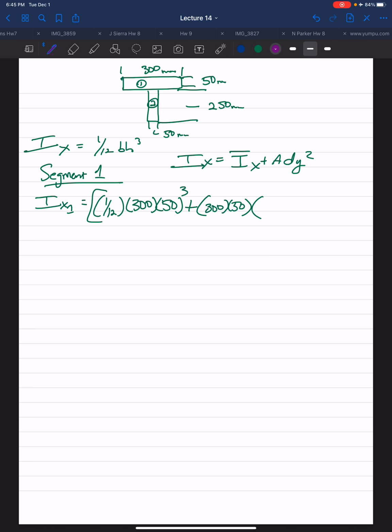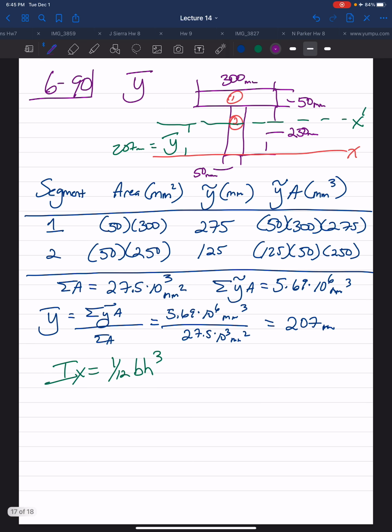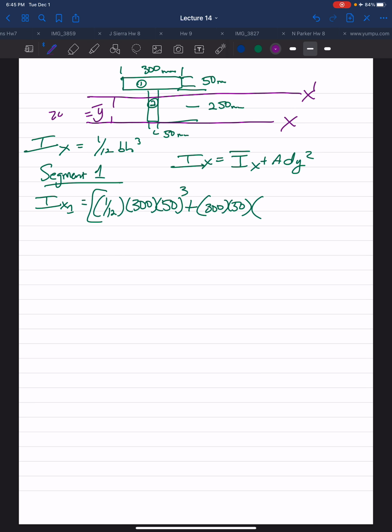So we said, it's our x-axis. We'll calculate our x prime axis, separated by y bar, which we determined to be 207 millimeters.